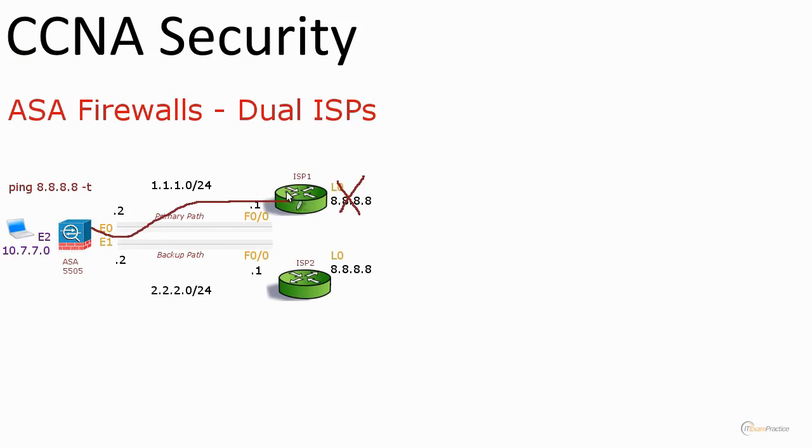ASA should recognize, oh, I can't ping ISP1. I cannot ping ISP1. I should start using ISP2. That is why I used the same loopback interface on both routers. Thanks to that, we can do a failover test.